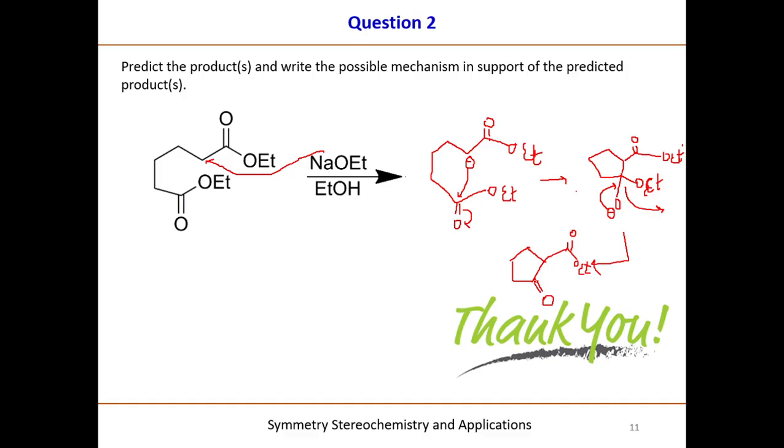This carbon is alpha, this one is beta. So beta ketone ester formation will take place in the Dieckmann cyclization reaction. I hope all of you have understood this question also. So the product in this reaction is a beta keto ester. This is our product, beta keto ester.